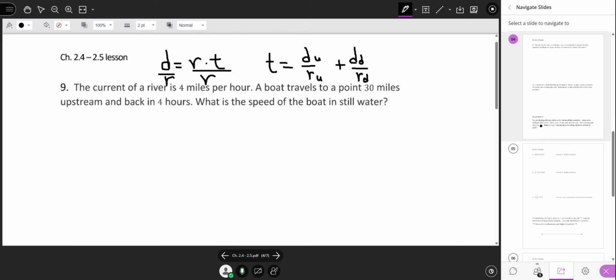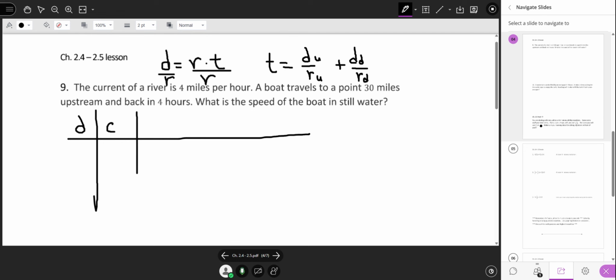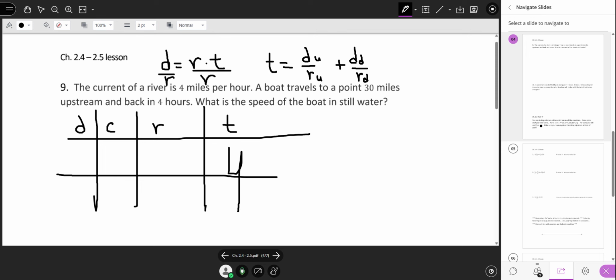So this was a brand new way of doing this for me. So distance, current, and this is how I want you to do it, rate, time, up, down.